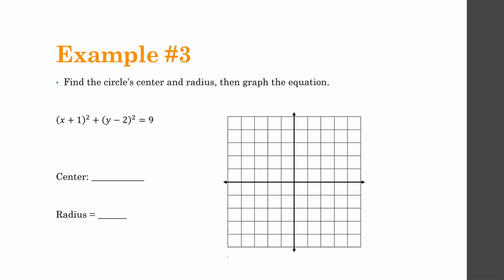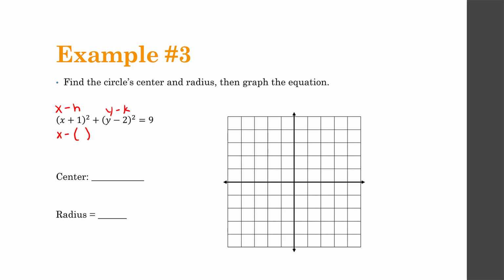Now we're going to go the other way. Here's an equation. Find the center and the radius. So the center, remember, x minus h and y minus k. So we want this to say x minus a number. x minus some value.